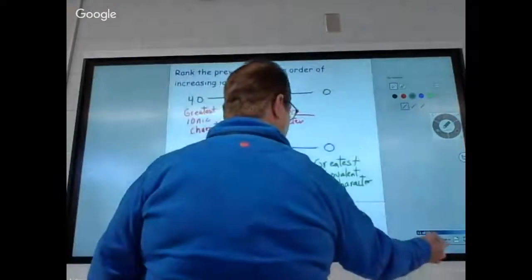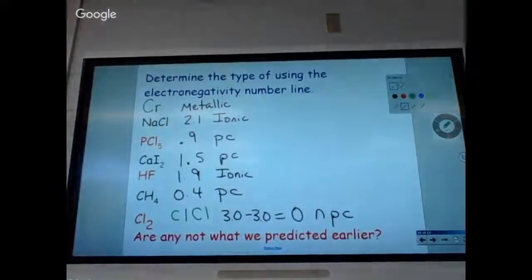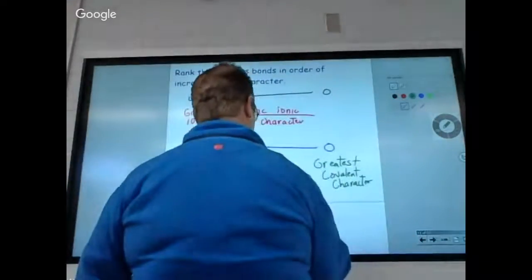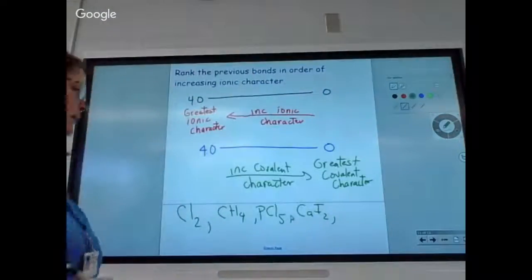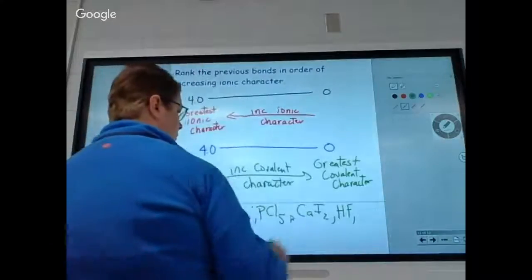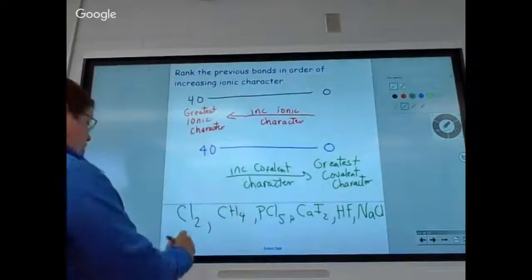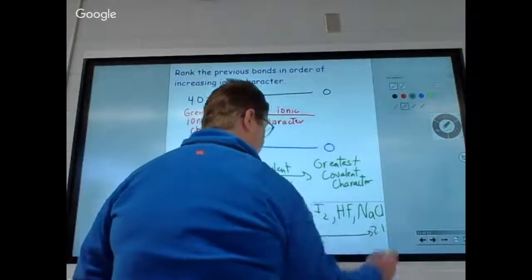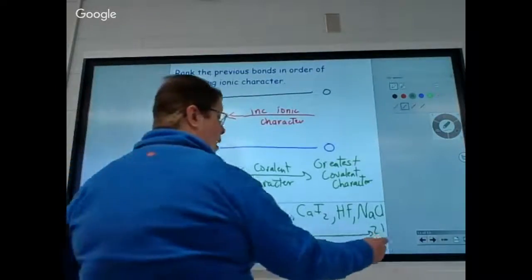PCl5 and then CaI2. Next, HF. And ACl. Now, all we did was go from 0 to 2.1. So that was least ionic to most ionic.